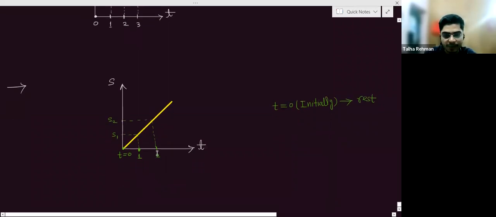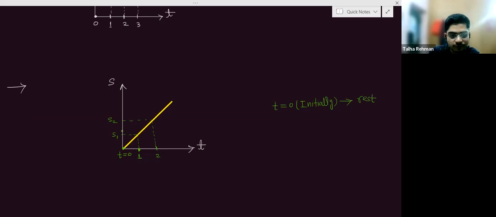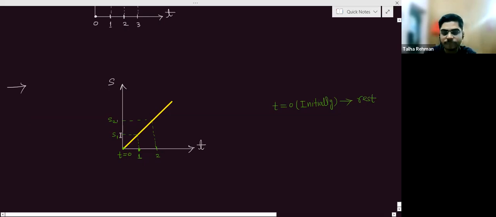Now for 0 to 1 and 1 to 2, s1 and s2 minus s1 will be equal. What I want to say is that this body is covering equal displacement in equal intervals of time.